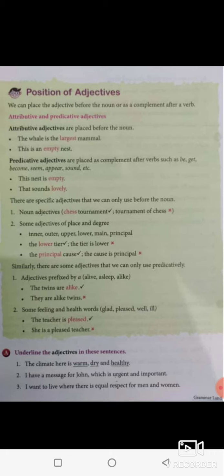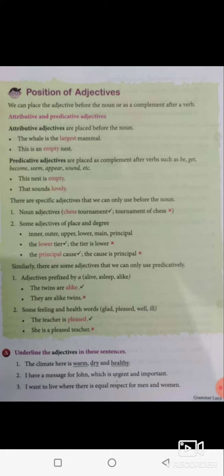A predicative adjective is usually placed at the end of the sentence, or placed as a complement after verbs such as be, get, become, seem, appear, sound, etc. So be form verbs are is, are, was, were, and so on. So this nest is empty. After the be verb, empty is used. So it is a predicative adjective.